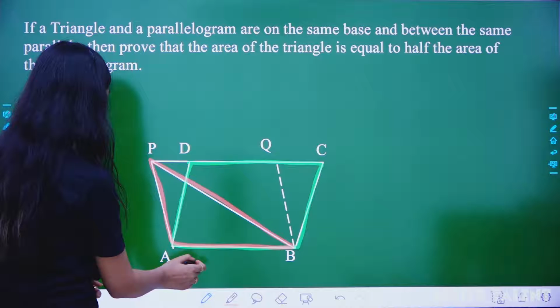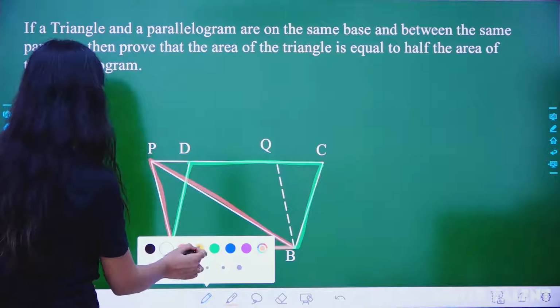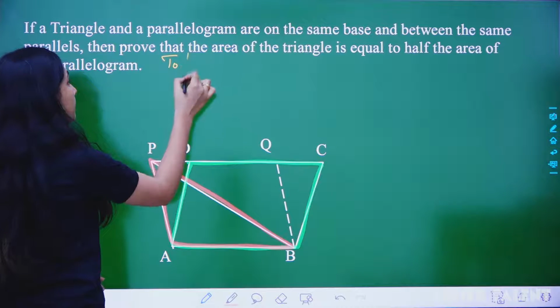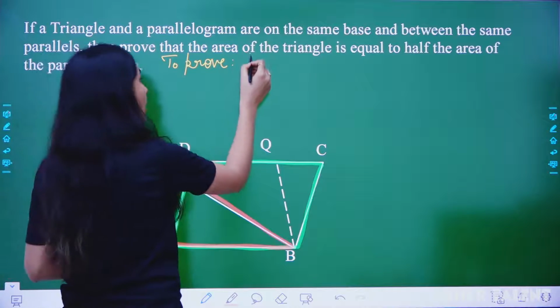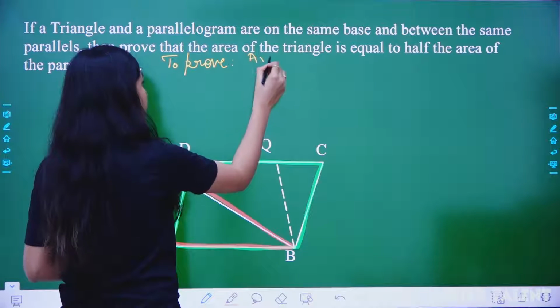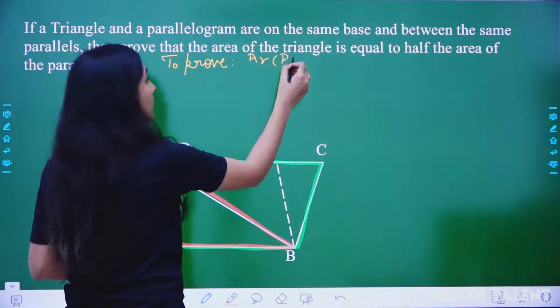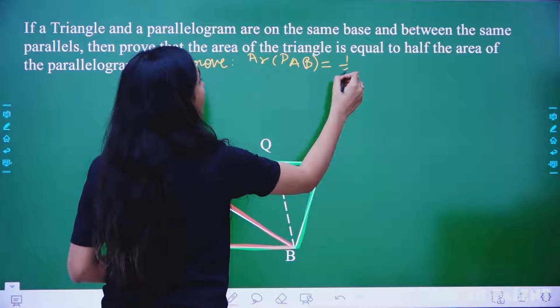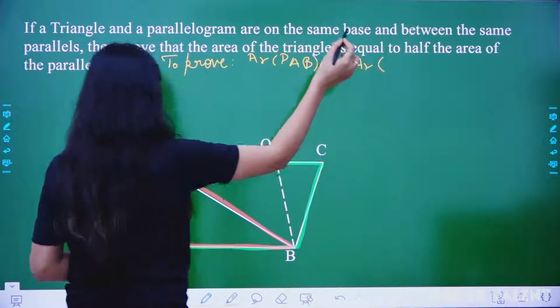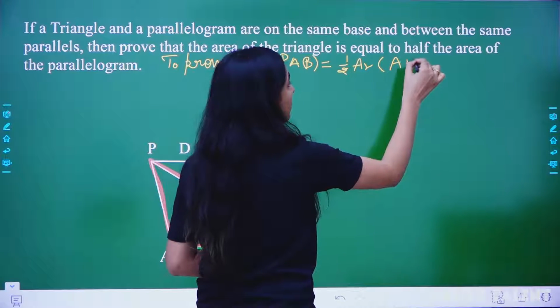So to prove what we have to prove, we can write: area PAB is equal to half area ABCD.